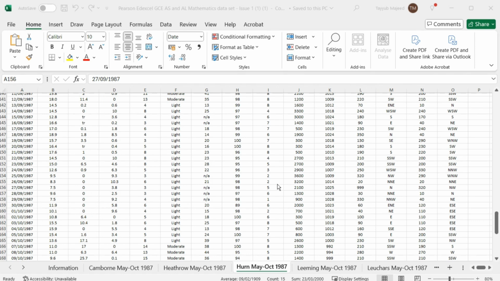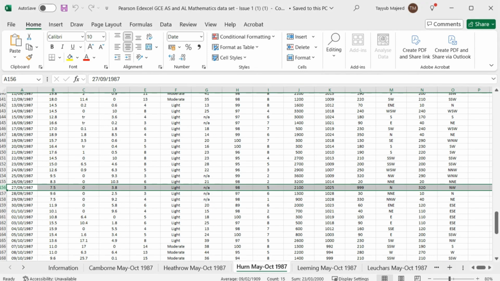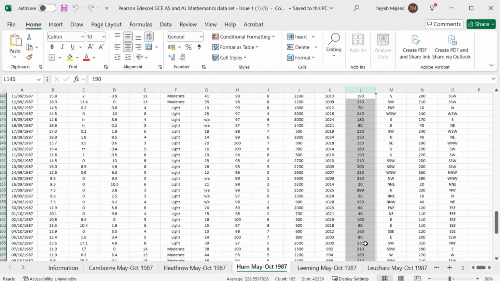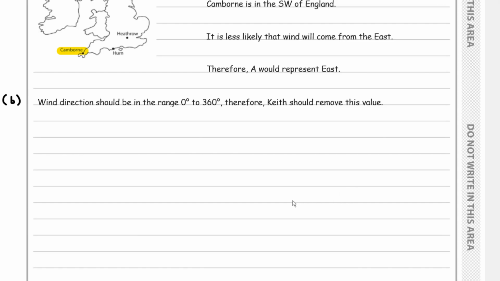If we take a look at the Hurn data from May to October 1987, on the 27th of September 1987, we see we have a value of 999, and typically the values within this column go from 0 to 360 degrees. So, as the wind direction should be in the range 0 degrees to 360 degrees, Keith should remove this value.